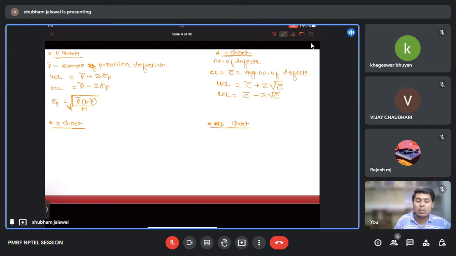So when we talk about the U chart, if we consider the C chart, the sample size is 1 unit, or we can call it fixed. But in the case of the U chart, the sample size is greater than 1 unit. So that is the only difference between the C chart and the U chart.